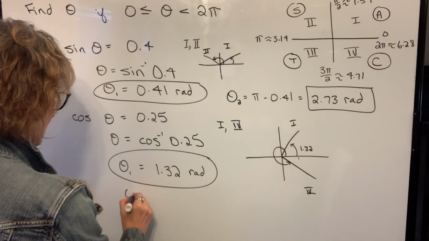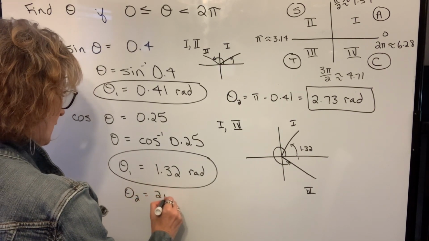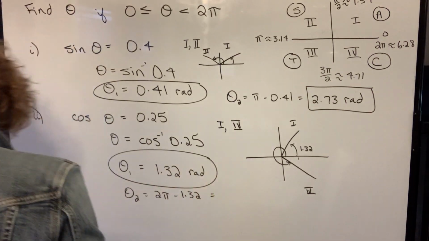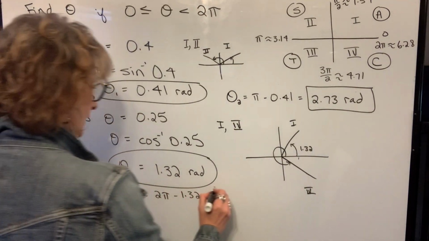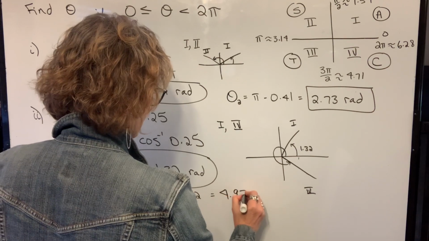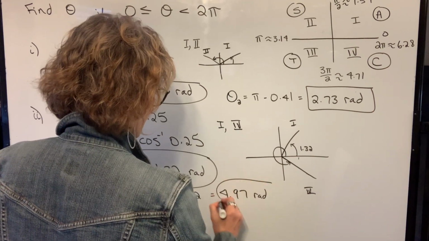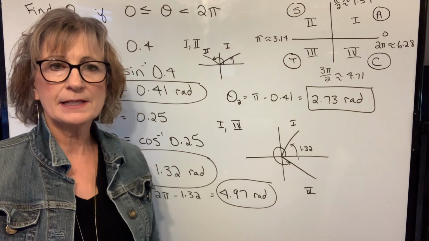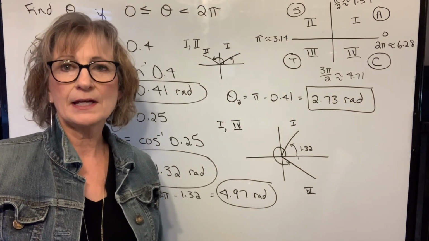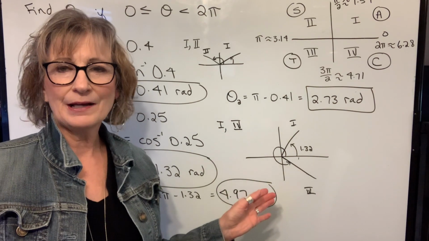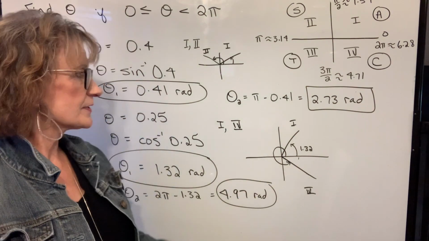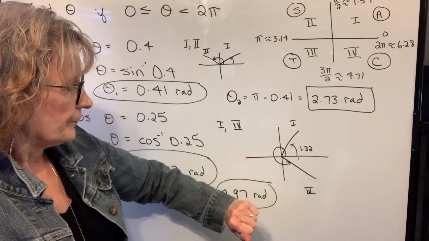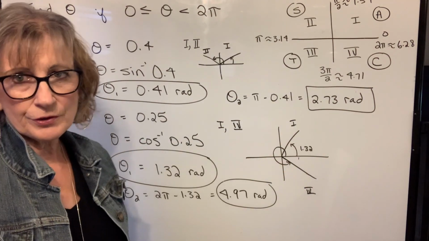So my second angle will be 2 pi minus 1.32 radians, which will be equal to 4.97 radians. So I'm doing the same process that we did when we were working with degrees, except instead of using 360 and 180, I use pi and 2 pi. And I'm always adding or subtracting the amount of rotation from the horizontal, depending on the quadrant that my angle is in.